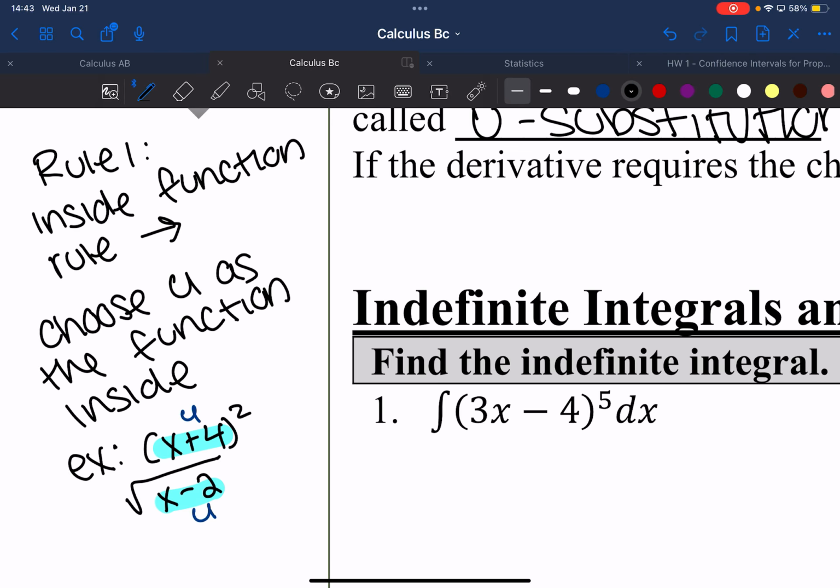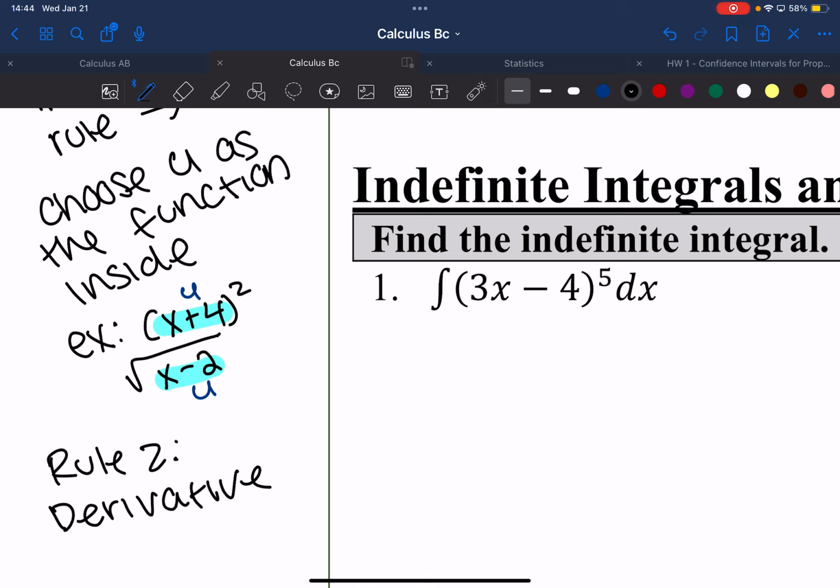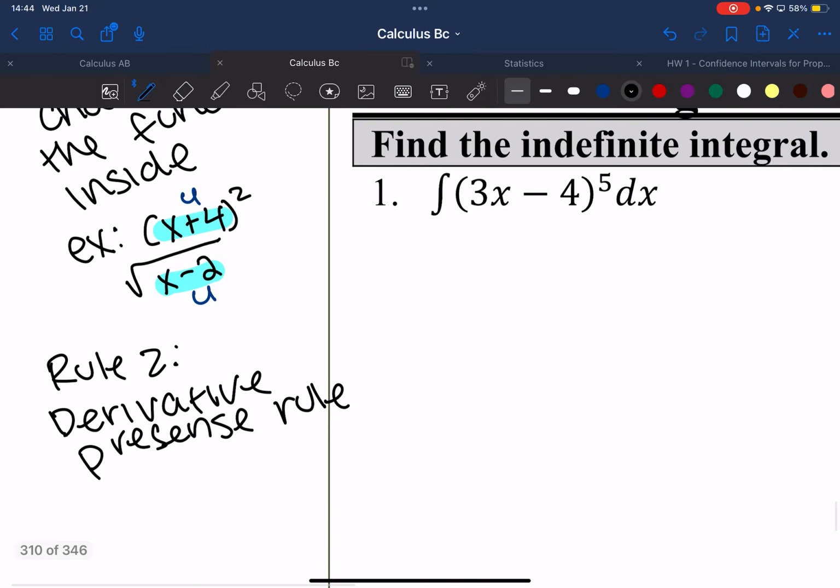Well, rule 2 tells us that sometimes we don't have an inside function. So rule 2 is called the derivative presence rule. This tells us that if we can't choose an inside function, let's try to choose a U value that when we take the derivative, that derivative is going to cancel with something already inside of the integral.